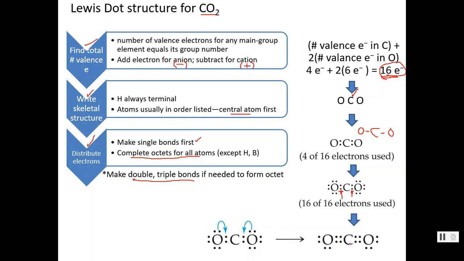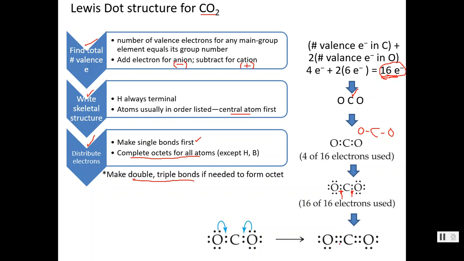So my carbon now does indeed have an octet, but I didn't need to add or subtract any electrons. I still have a total of 16 valence electrons in my Lewis dot structure. And all of my atoms are happy, meaning they all have an octet of electrons. This oxygen on the left has 2, 4, 6, 8.